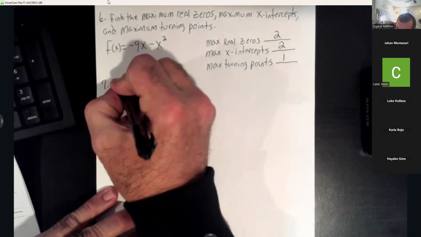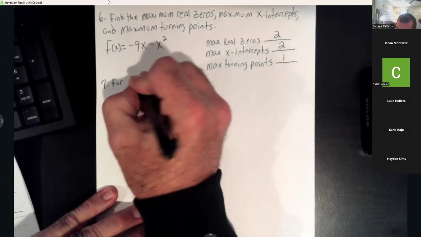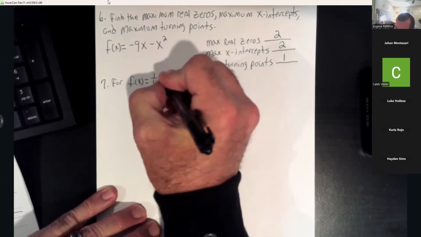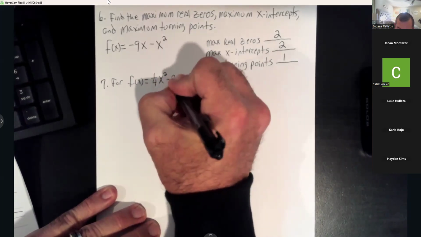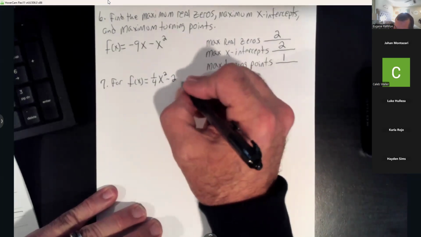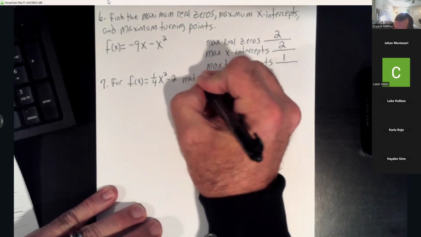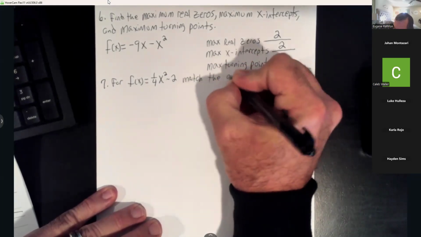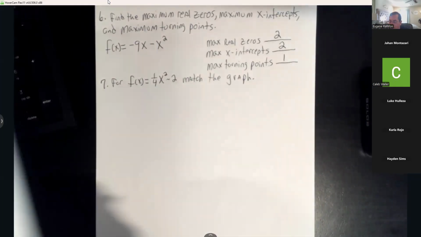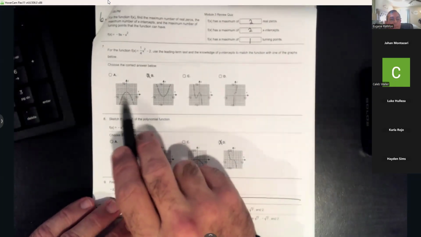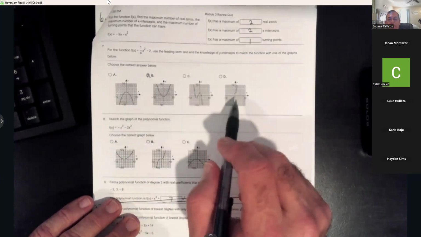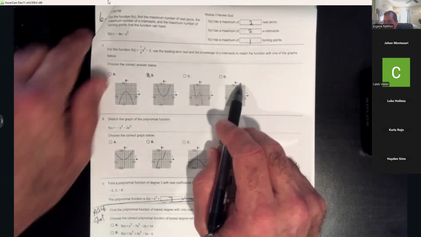All right, y'all. So for the function f of x equals 1/4 x squared minus 2, match it to the graph. These graphs are going to have 4 pictures: both ends down, both ends up, downhill left to right, uphill left to right.